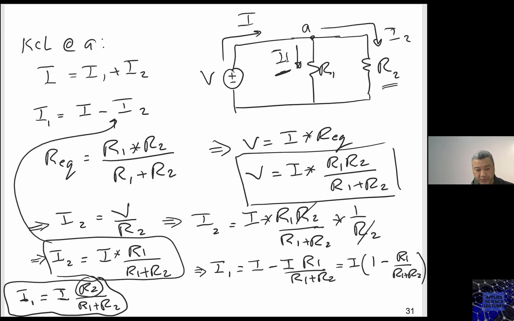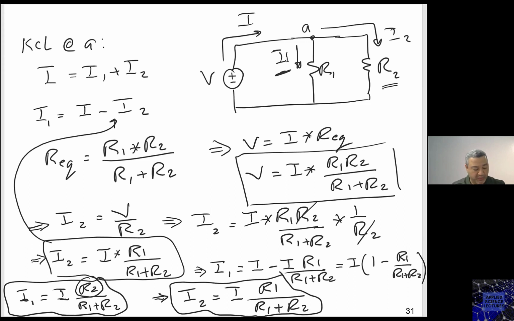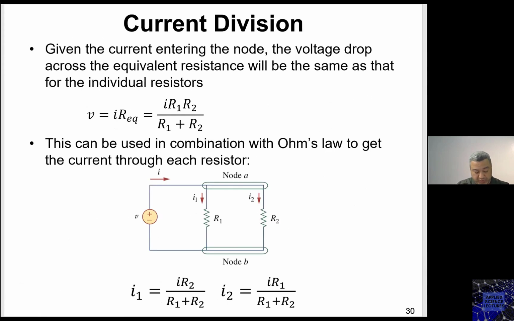Which means if I want to find I2, then I2 would be I times the other branch resistance, which is R1, divided by the summation. So this is how we got those two expressions for the current division: proportional to the other branch resistance divided by the summation of the resistances for those two branches, I1 and I2.